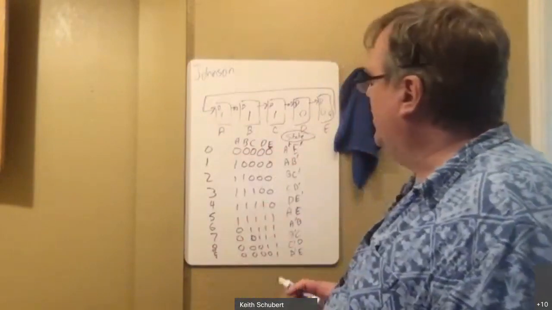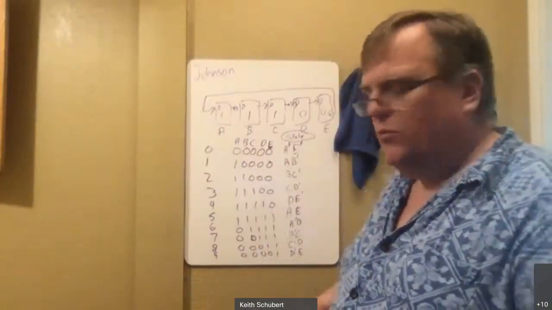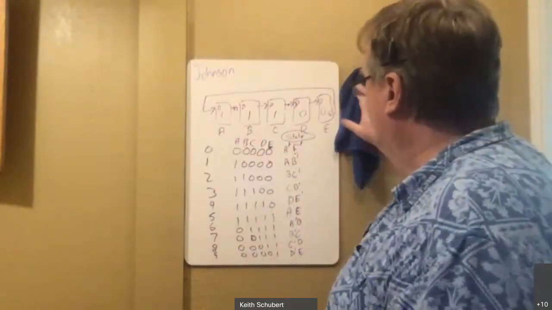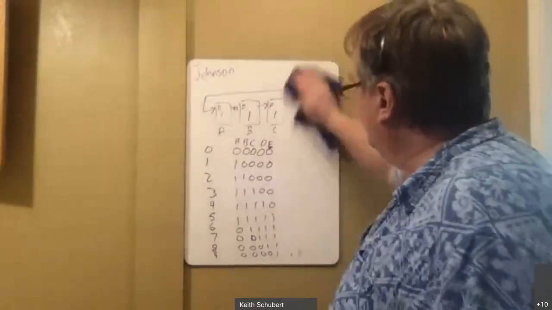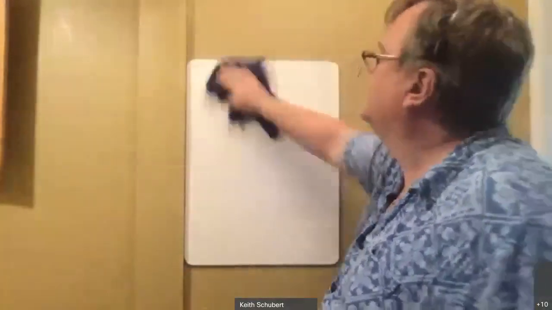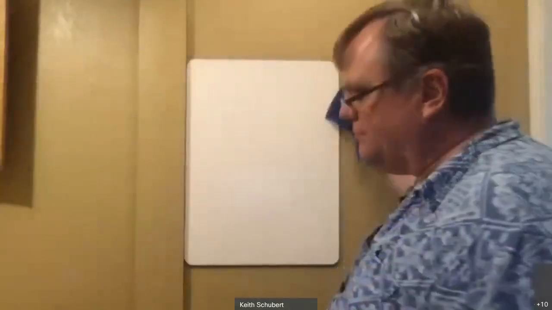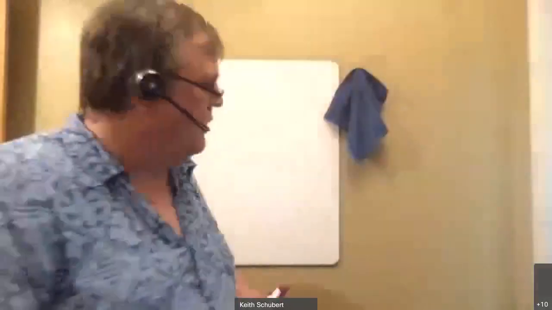All right. If we feel good with Johnson counters, then we'll take a look at how we can handle a few other cases, kind of more generic ones, with binary counts. Now, we built binary counters last time.